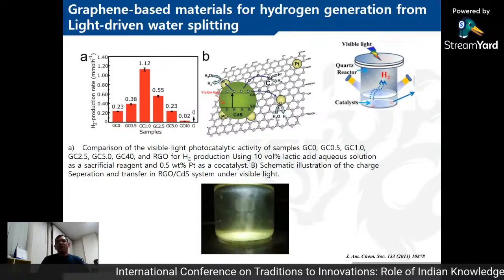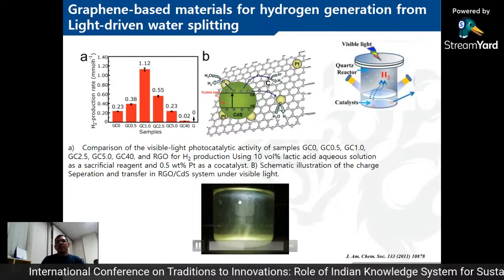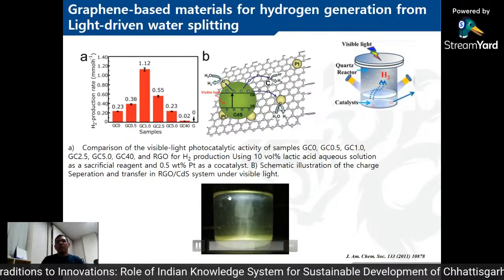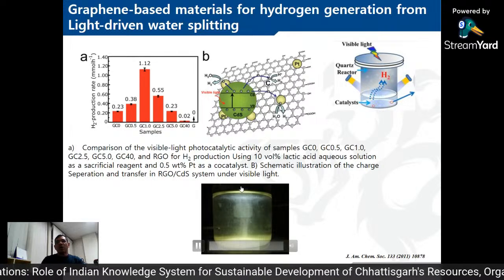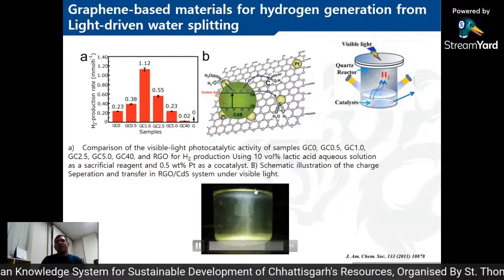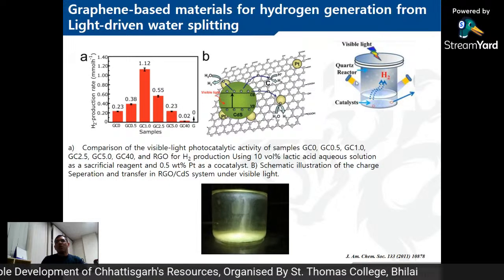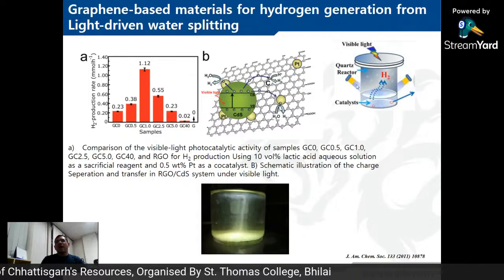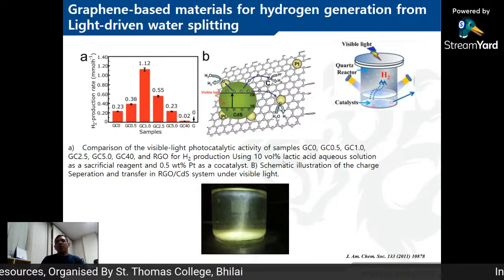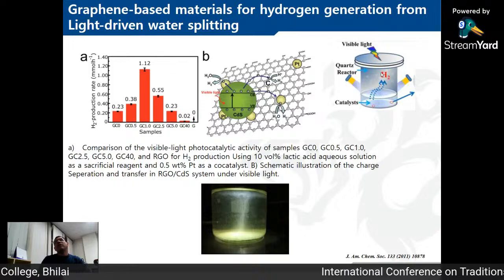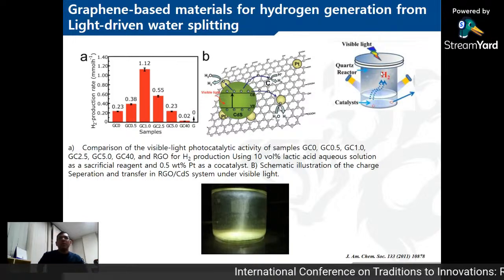You can see the hydrogen bubbles forming inside the water, and due to their density they rise to the surface, and this can be extracted and used. This is the reactor, actually. This is the quartz reactor and this is the catalyst, and the light is illuminated from the top. It's a 350 watt xenon lamp.